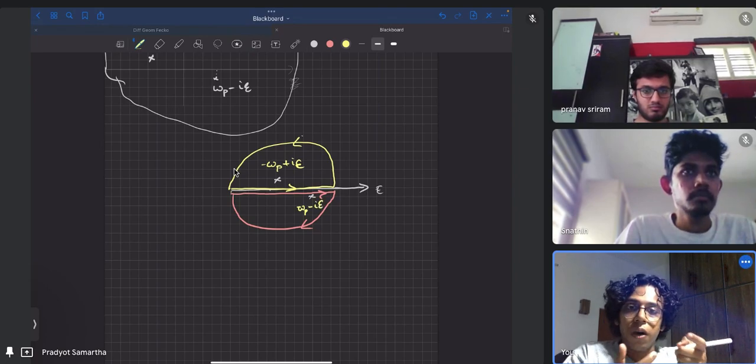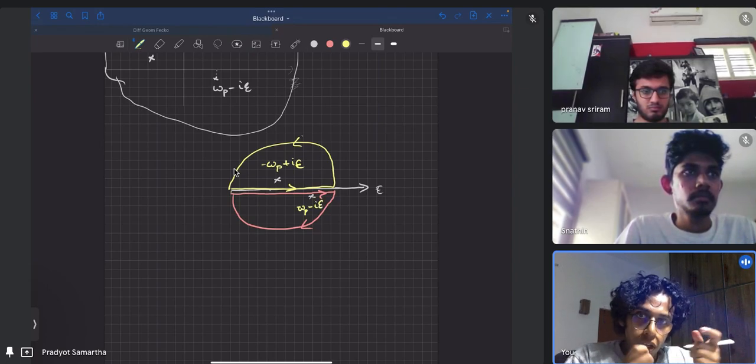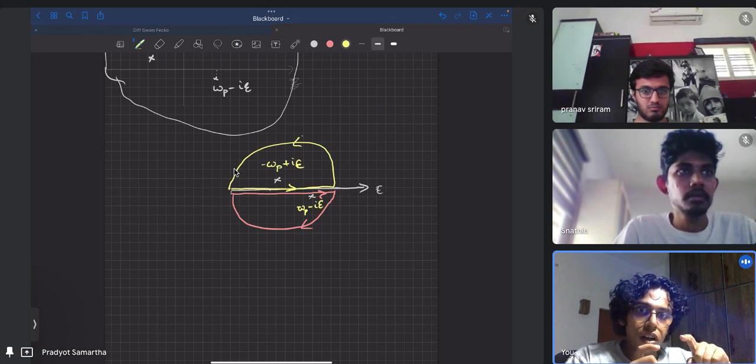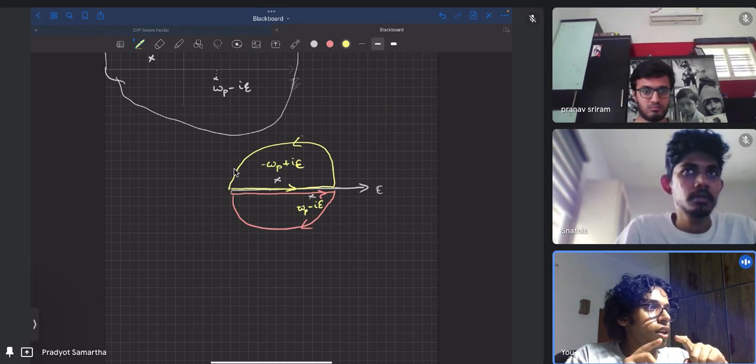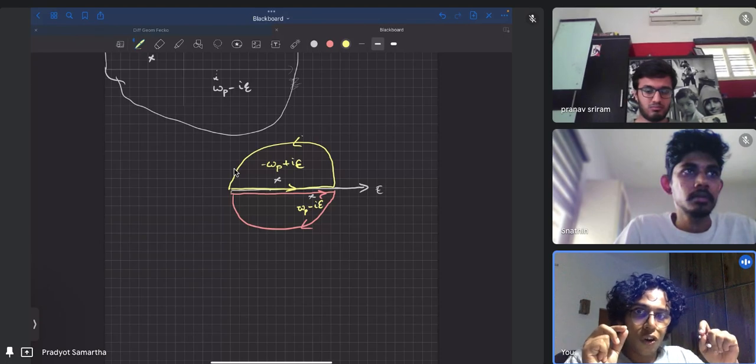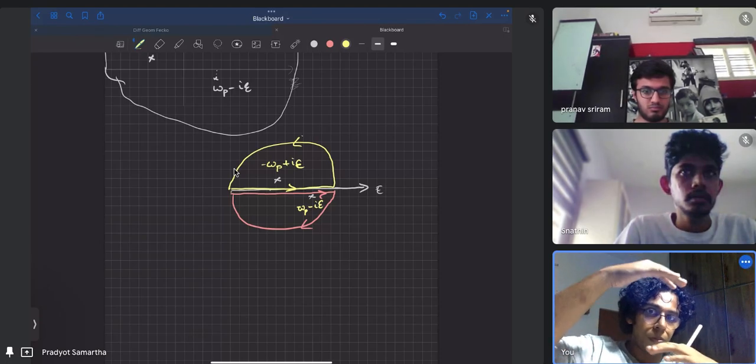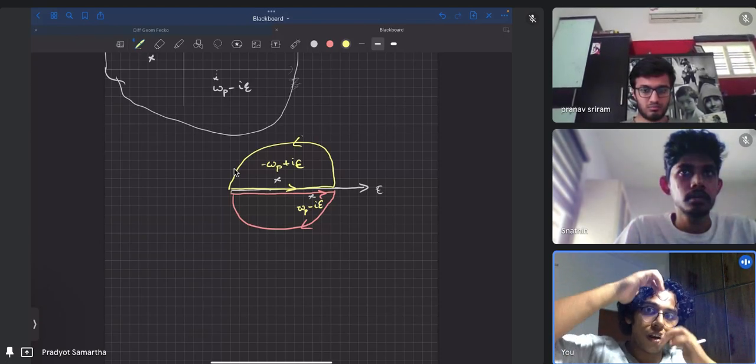So when you take the contour integral, you end up dividing the contours into two halves, your upper half and lower half.